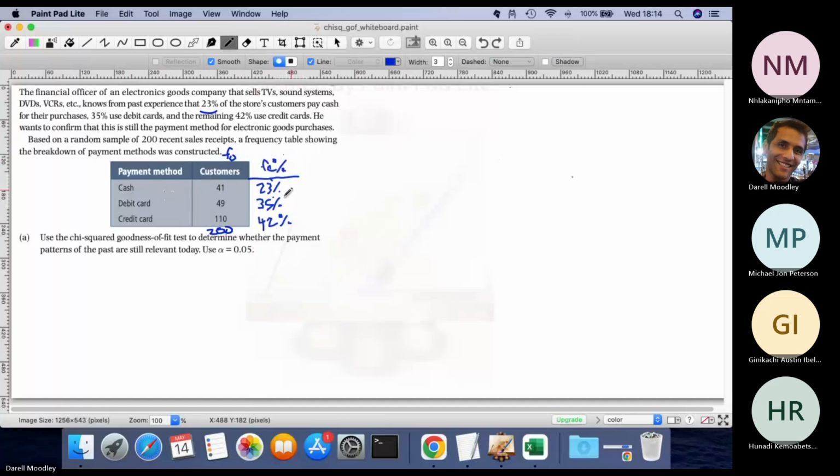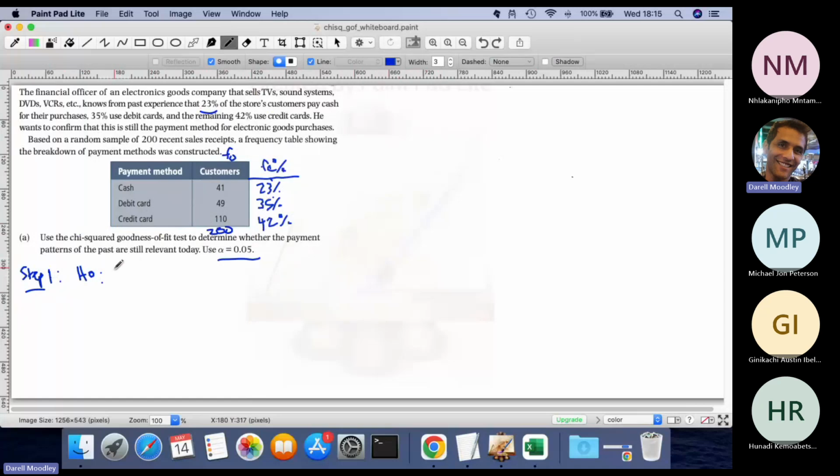So the question says, use the chi-squared goodness of fit test to determine whether the payment patterns of the past are still relevant today, and your level of significance is 5%. So let's start with step one, state your null and alternative hypothesis. As I mentioned earlier, your H0 is that the distribution is the same. But don't just say the distribution is the same, always answer in terms of the problem.